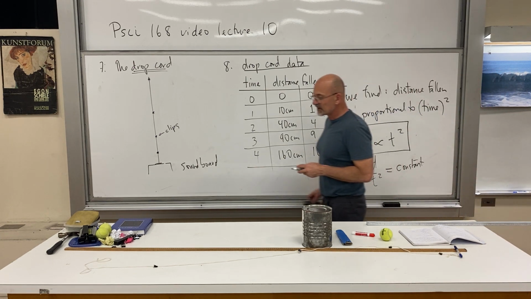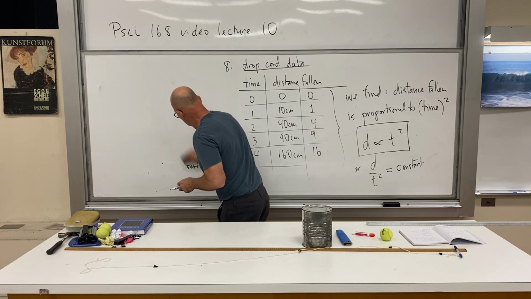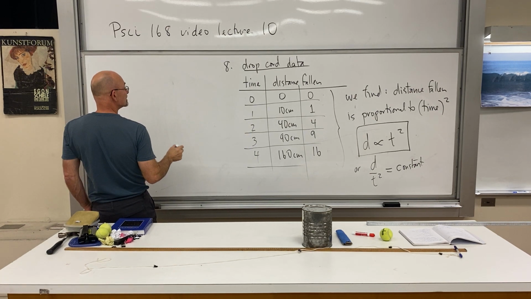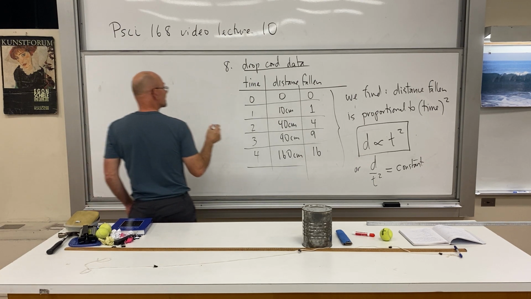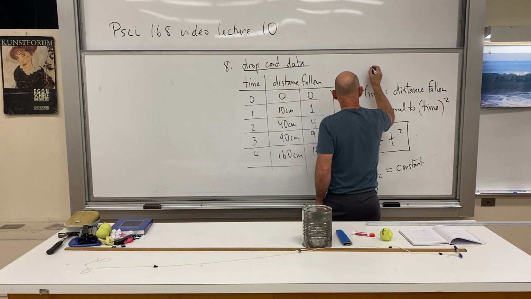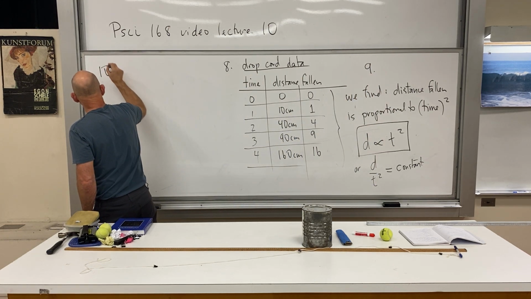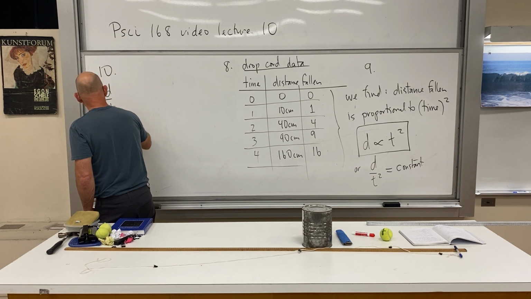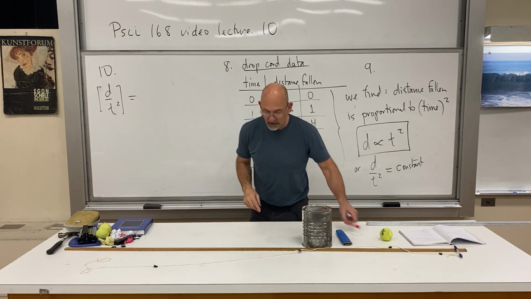So let me pick up here at the left side of the board. And here, this was 9. If my list is still accurate, 10. This d over t squared, if we ask what are the units of d over t squared?